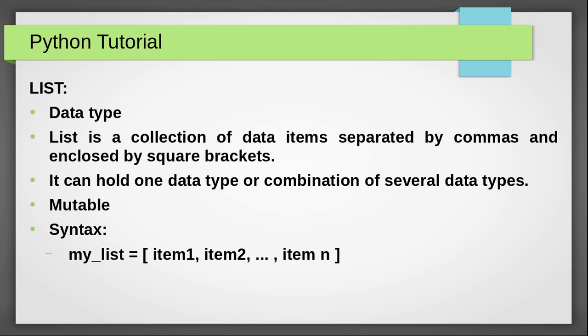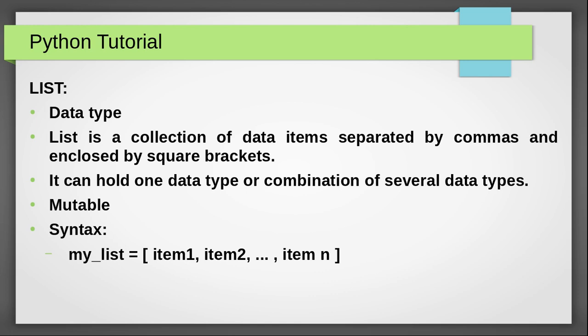A list is a collection of data items separated by commas and enclosed by square brackets, and very important, it can hold one data type. It may be integers or floating point numbers, or a combination of several data types. For example, a list may contain numbers with strings.